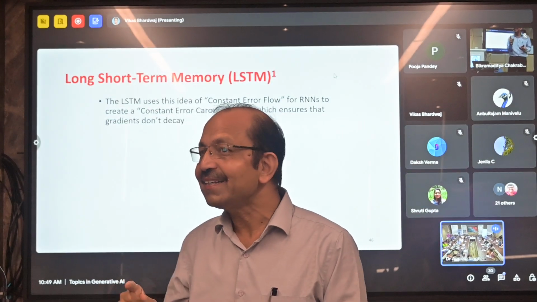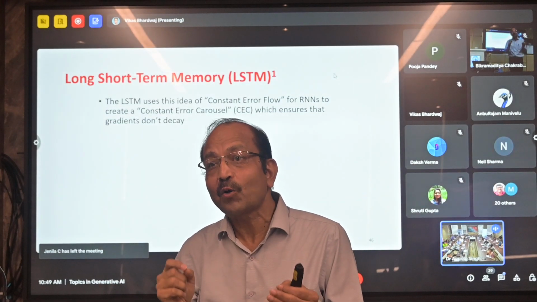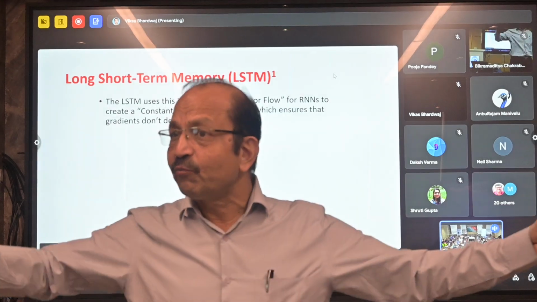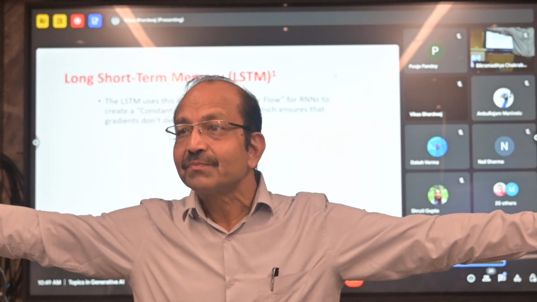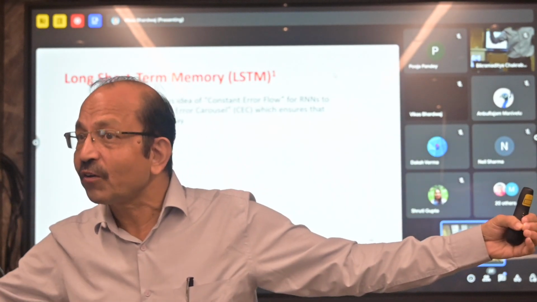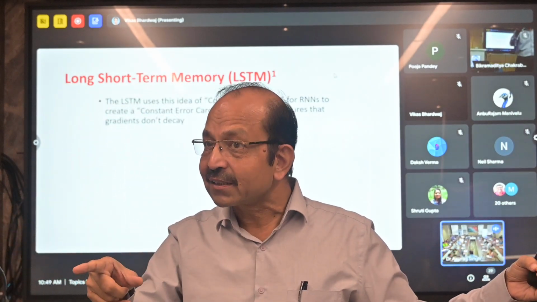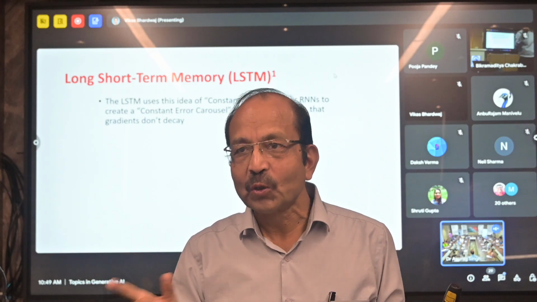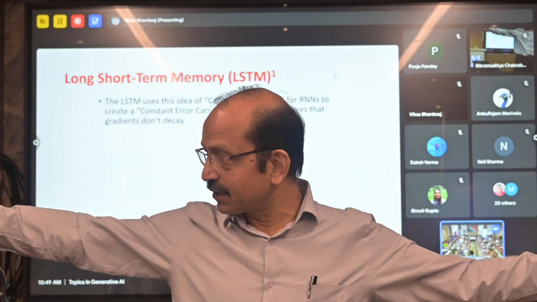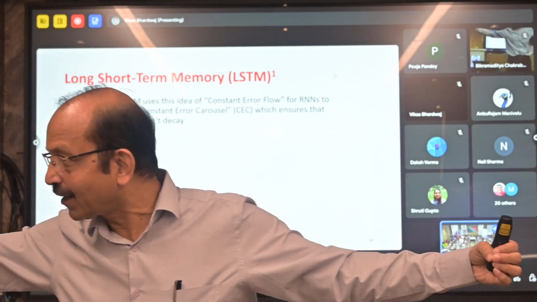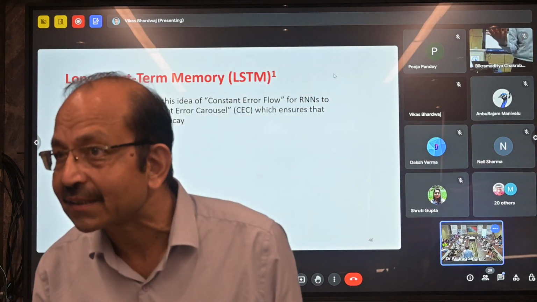Similarly, in this LSTM architecture, one of the important points is that when you have very long sentences and you have to conclude from them, you have to understand the context. But if the distance between two words is very large, you may lose the context.